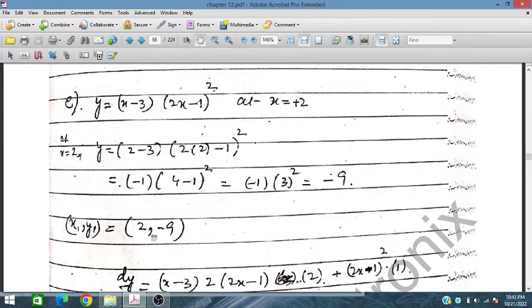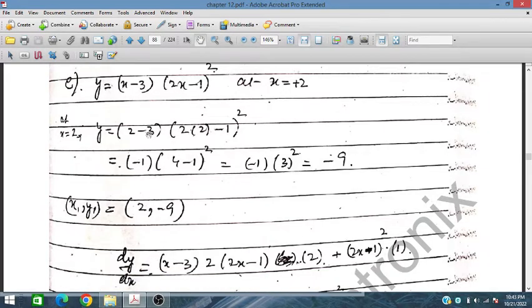So (x1, y1) is (2, -9). At x equal to 2, y is minus 9. So we have this point on the curve through which the tangent line is passing.